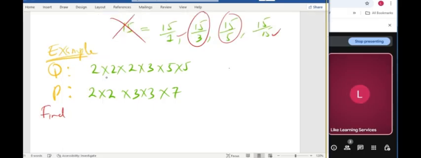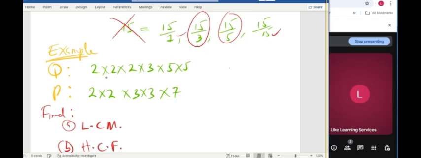Find A, the LCM, and then B, the HCF. So for LCM, times both first.